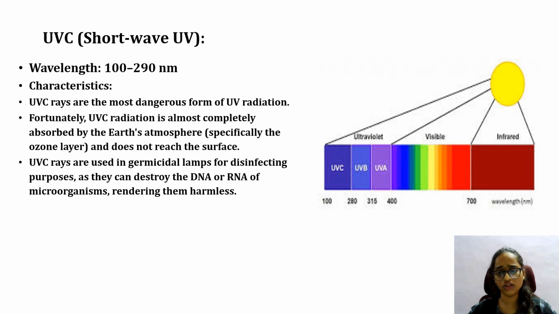Because of the absorption by the ozone layer, UVC will never reach the surface of the earth. UVC rays are used in germicidal lamps for disinfection purposes, as they can destroy the DNA or RNA of microorganisms, rendering them harmless.